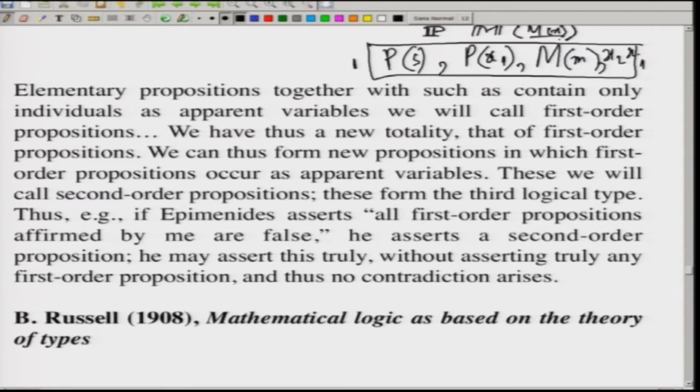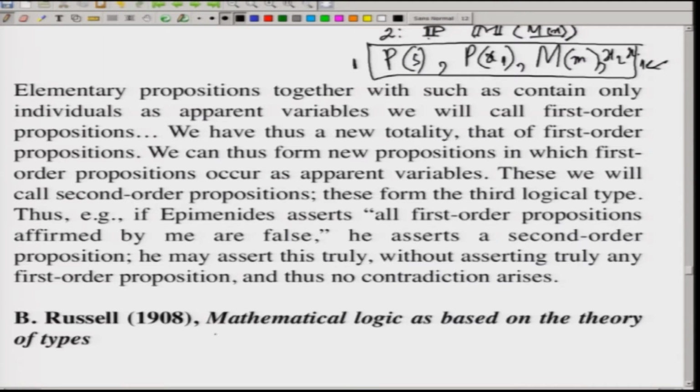So it is a special way of treating propositions, but definitely this special P or special M will not belong to this level. So it is level 2. This is the order Russell talks about, and then you can read this quote.